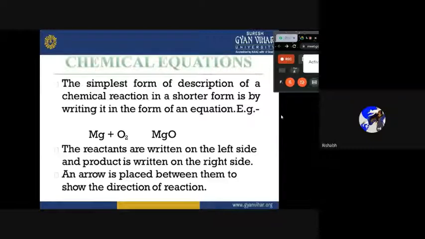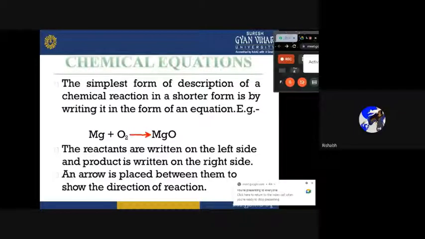Not to worry, here it should be the arrow. On the left side are going to be your reactants, and on the right side is going to be your product. An arrow is placed between them to show the direction of the reaction.